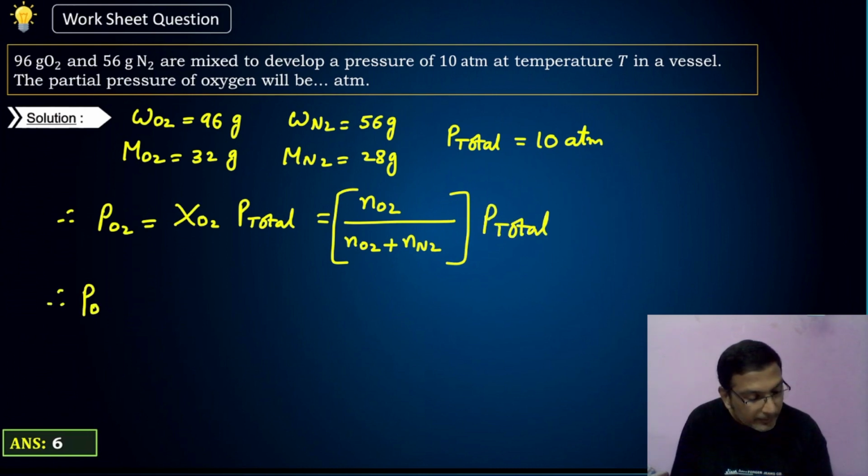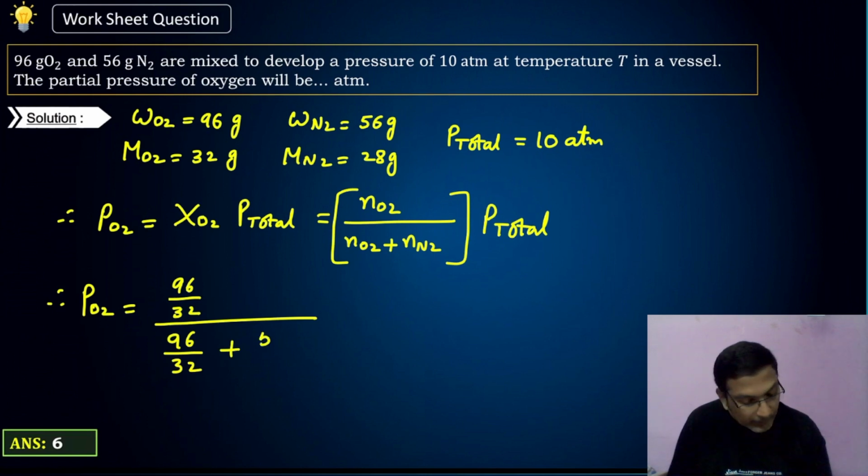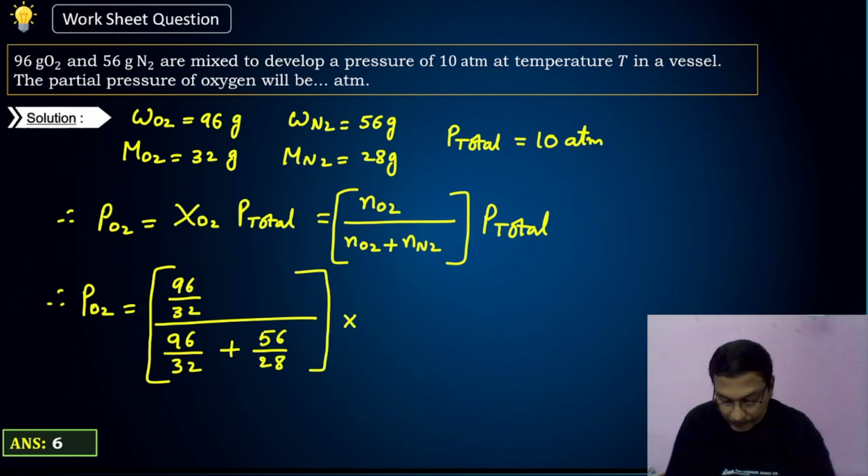Therefore, partial pressure of O2 equal to number of moles of O2 means again weight by molecular weight. So what is weight? 96 by 32 divided by 96 by 32 plus 56 by 28 into P total is 10.